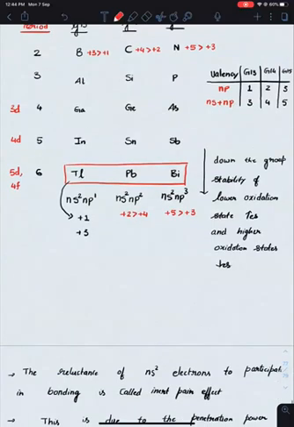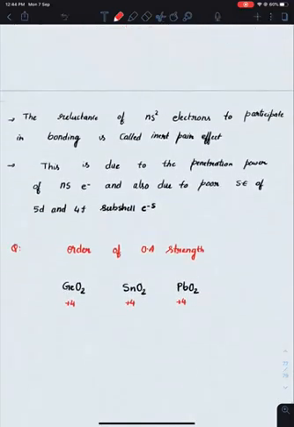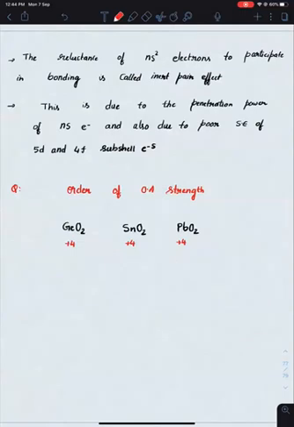Germanium, Sn, and Pb are group 14. So the possible oxidation states are either +2 or +4. So if it is acting as an oxidizing agent, it has to accept electrons. If it is accepting electrons, these elements convert into +2 oxidation state. Out of these three elements, which has the highest tendency to convert into +2 oxidation state?